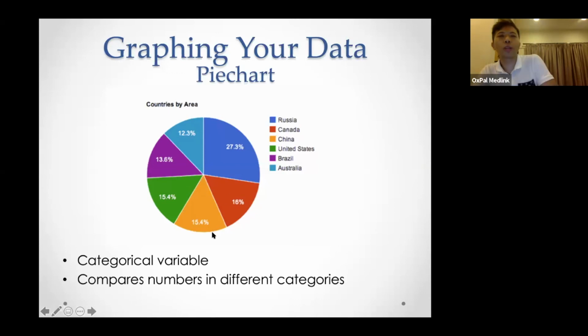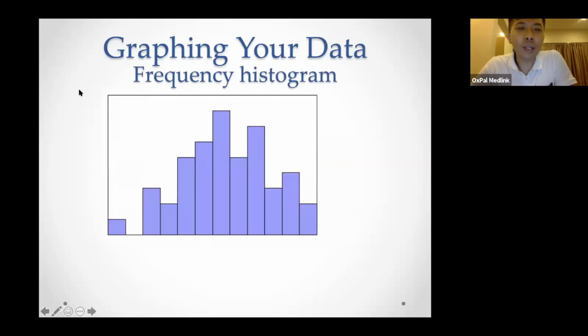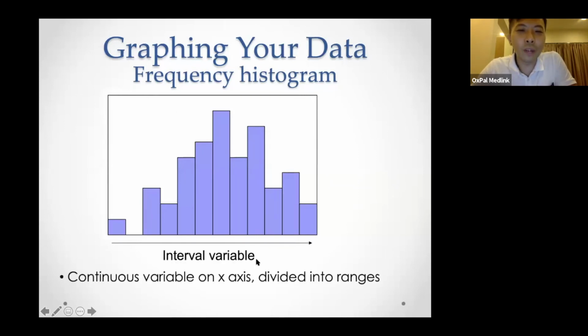It's quite straightforward. Good. And another way of looking at the graph is the frequency histogram. This is one for which the interval variable is on the x-axis. In this case, we look at maybe human height, and we have 160 to 165, 165 to 170, 170 to 175.